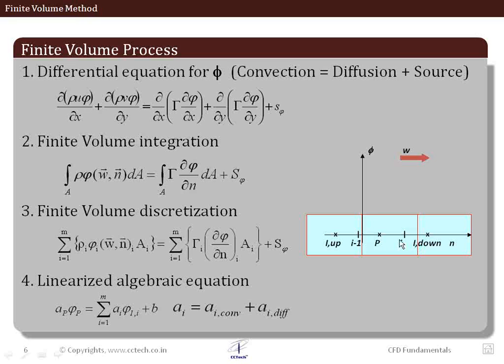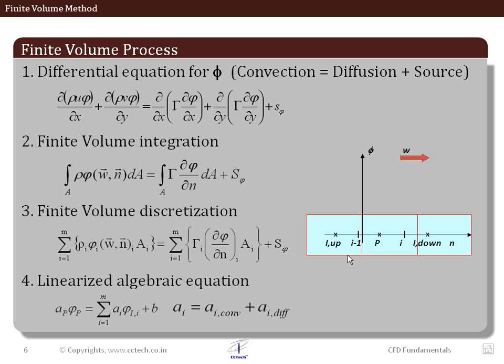It's a one-dimensional case here. That's why what you see here is only linear in one dimension. But in other cases, we might have a three-dimensional mesh. That's the usual geometry that we encounter. So you have the phi p, which is the unknown quantity at a given cell location P, being expressed in terms of the neighborhood terms. Now that's the linearized algebraic equation.